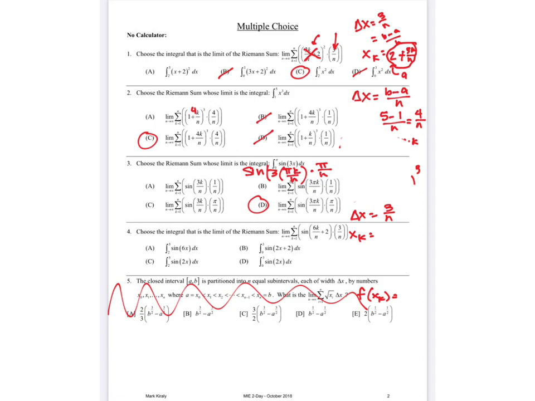Okay, here's my issue with this. That 2 is not outside of the function. That 2 is inside the argument.